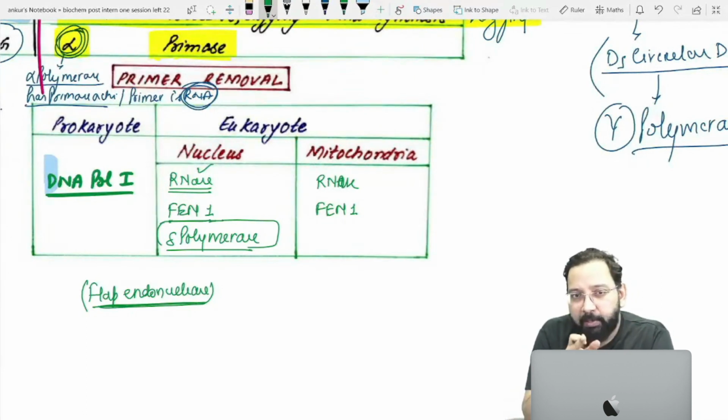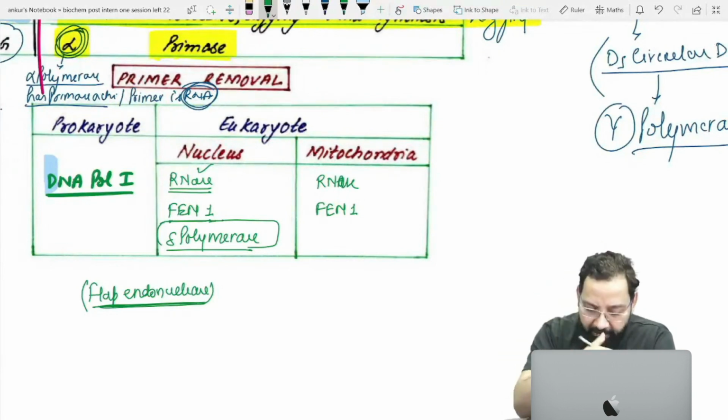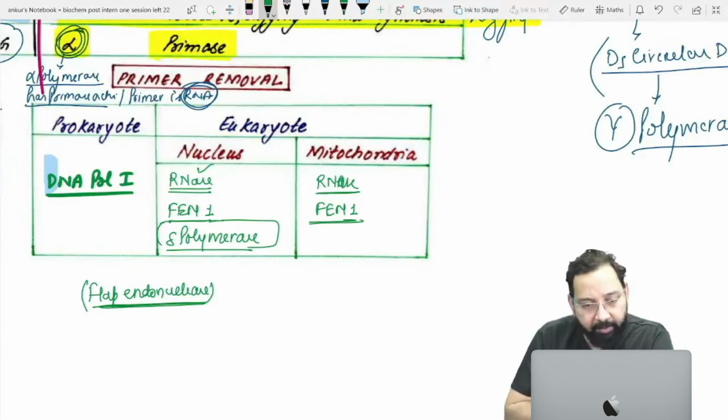A small cut is made by delta polymerase. Then FEN1 makes a flap, and then RNase H cuts the RNA and the primer is removed. But in mitochondria, RNase H and FEN1.